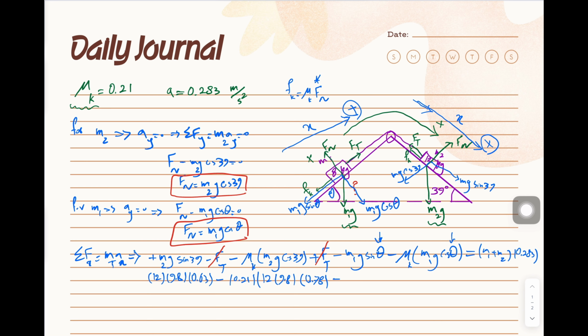then minus m1g, which is 8 times 9.8 times sine theta minus mu k is 0.21, m1 is 8 times 9.8 times cosine theta equals this is gonna be 20, then 20 times 0.283, it's gonna be 5.66.